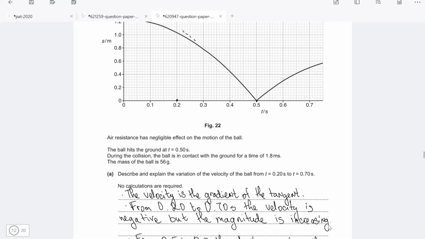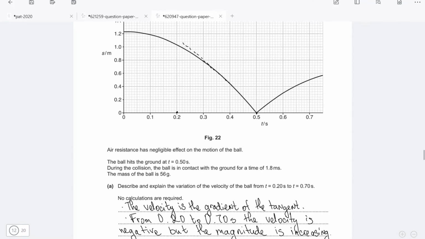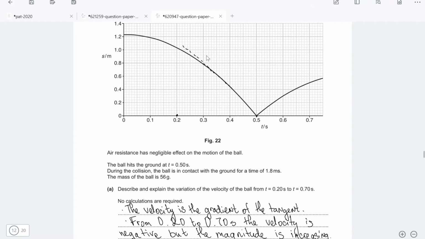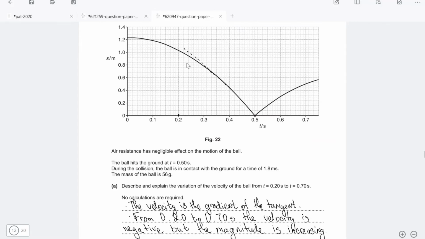Well, the gradient of the tangent along here is negative. The graph is sloping downwards. Notice though that the magnitude of the velocity is increasing because in this section of the graph, the ball is just falling vertically. So this is what happens up until 0.5 seconds.